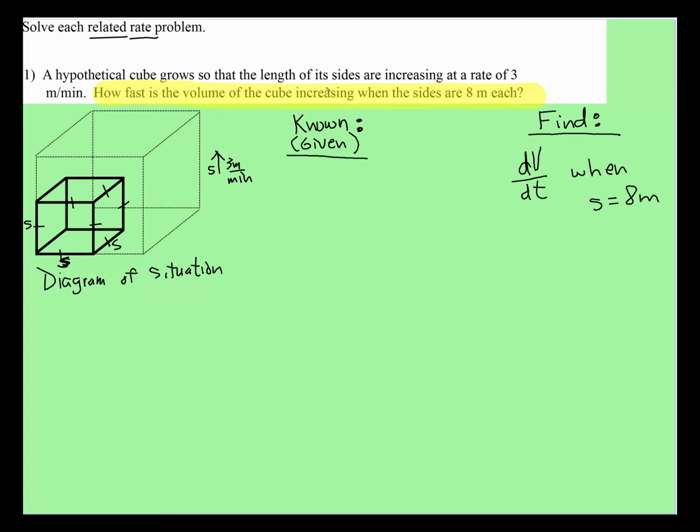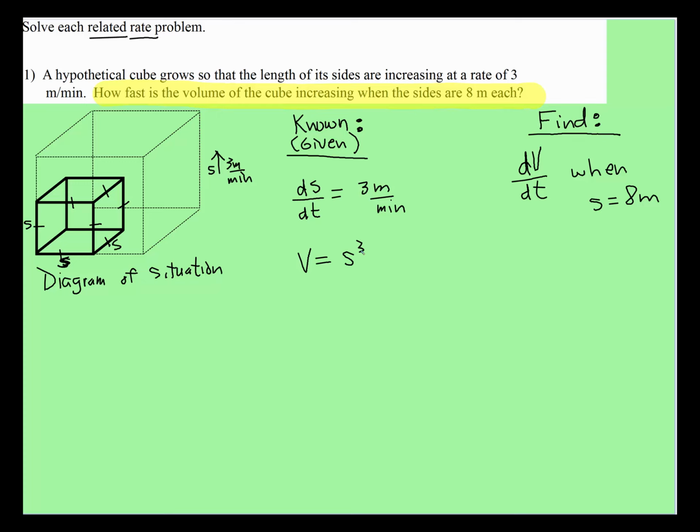We know that the length of its sides is increasing at a rate of 3 meters per minute. And we're talking about the volume. The volume of a cube is length times width times height, but for a cube the sides are the same, so you can rewrite it as s cubed.